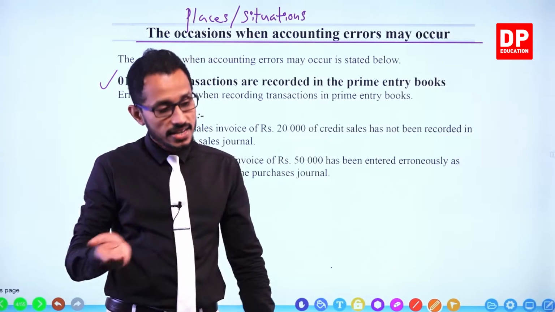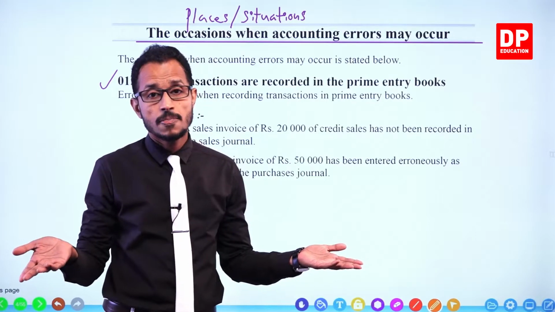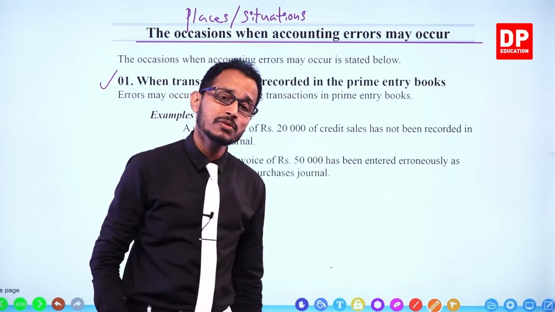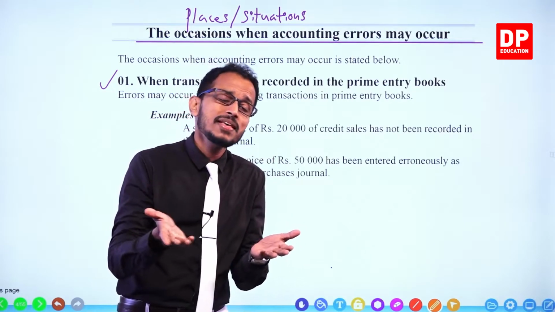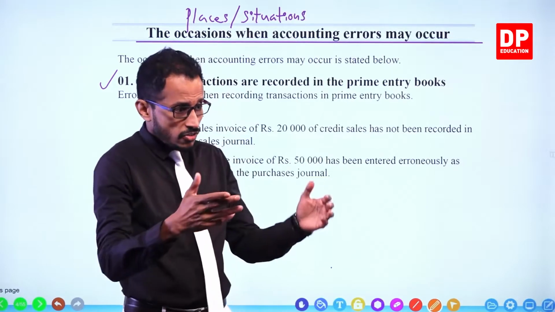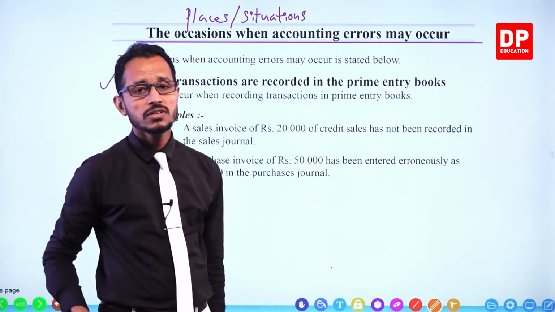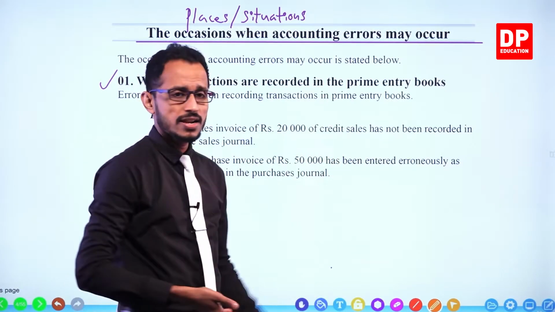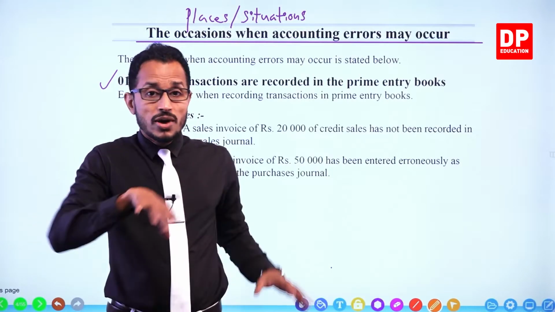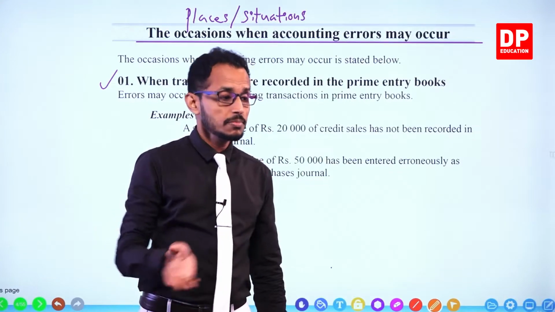There are so many entries. Just take the cash book for an example. How many entries can there be in a cash book for a period of 1 month? Debit side, hundreds. Credit side, hundreds of entries. So errors are not highlighted in red color in the books of accounts.